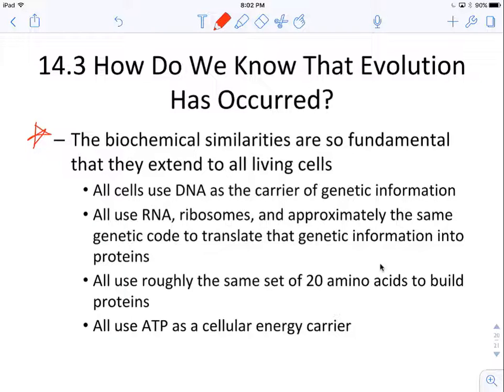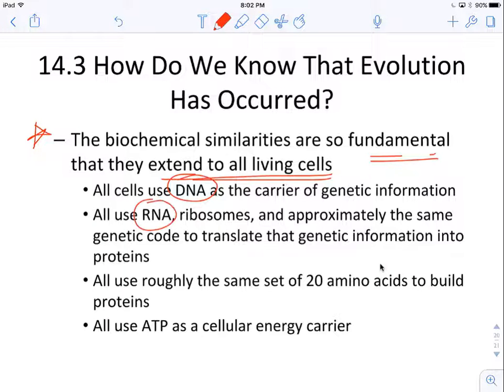And biochemical similarities are so fundamental that they basically extend to all living cells. Again, there had to have been a common ancestor that had all these things, and they were so perfect that they were maintained throughout all organisms. Okay, some of these similarities are: all cells use DNA as genetic material.